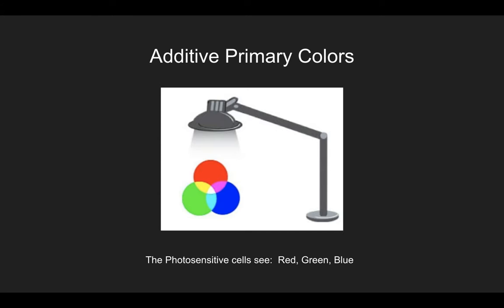That's the colors that the cells inside of our eyes are sensitive to. And by varying the amount of red, green, and blue light, all of the colors in the visible spectrum can be reproduced. Now, I am going to talk more arty next time, but I wanted to keep this really short.